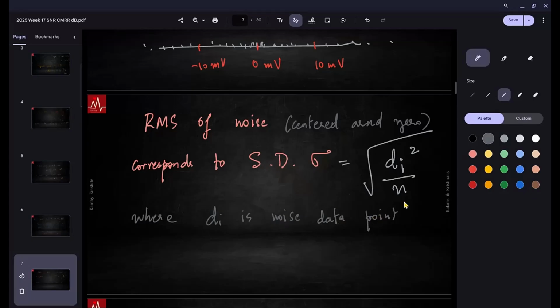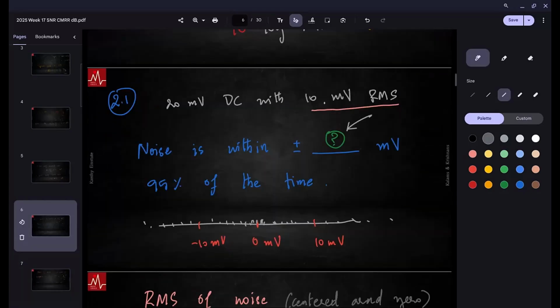So when we say this is 10 millivolt RMS, we are saying the noise distribution has a sigma of 10. Now, based on that, can you answer this?